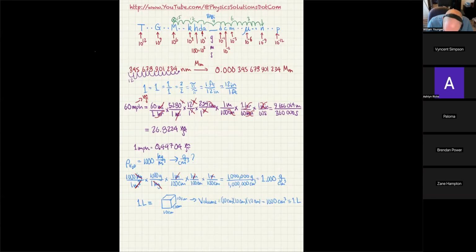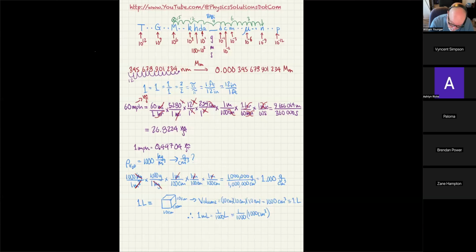So what that means is, therefore, 1 milliliter is equal to 1/1000th of a liter, which equals 1/1000th of 1,000 cubic centimeters.